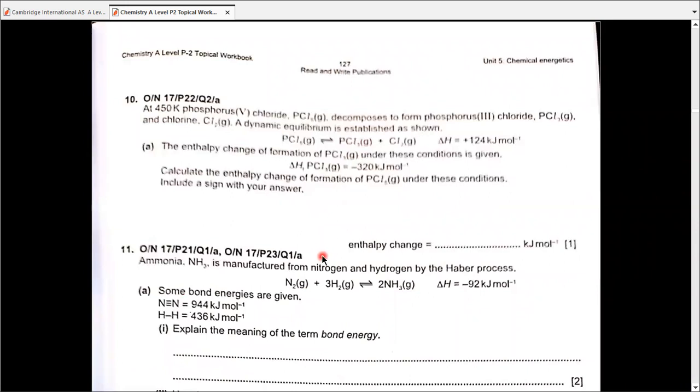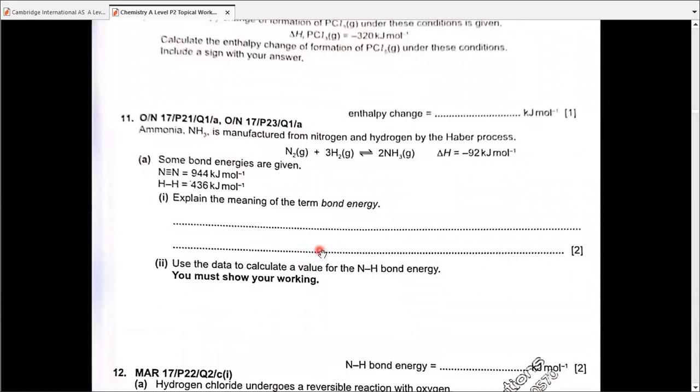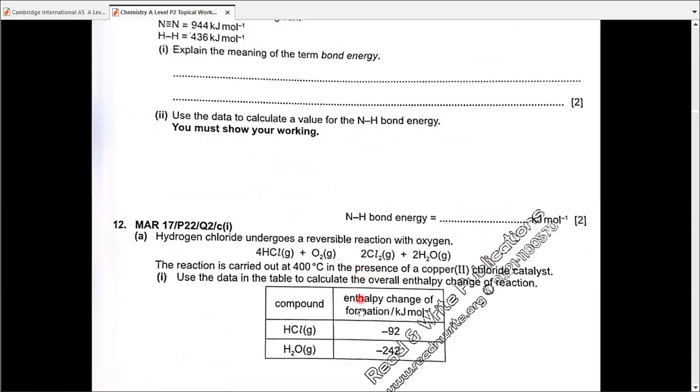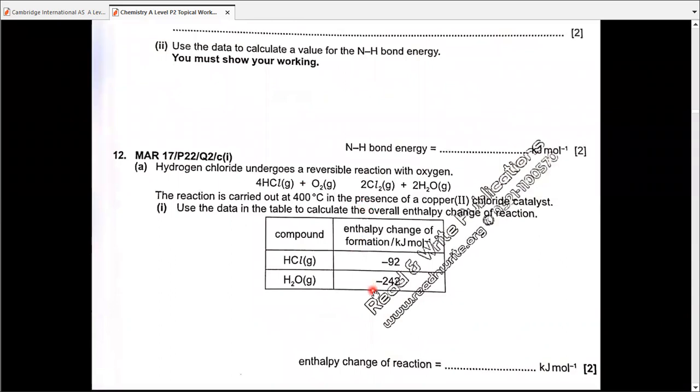Okay, let me check number 10. It's about formation, so this seems easy. 11 is something that we did as a part of the example. We never tried to find out the initial bond energy value, but this equation is a part of the book, so this shouldn't be difficult.